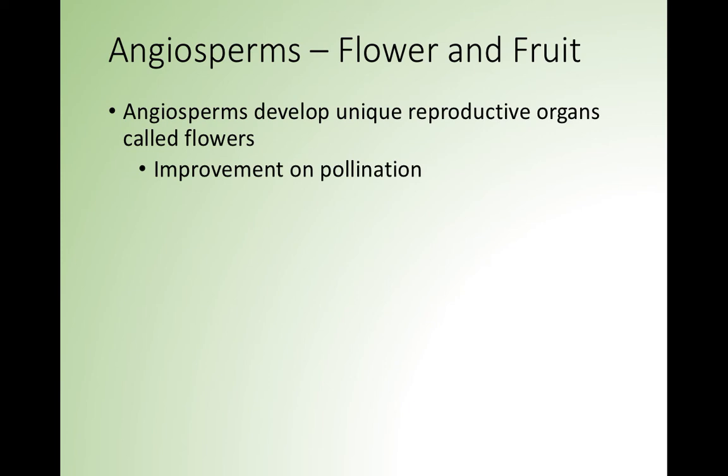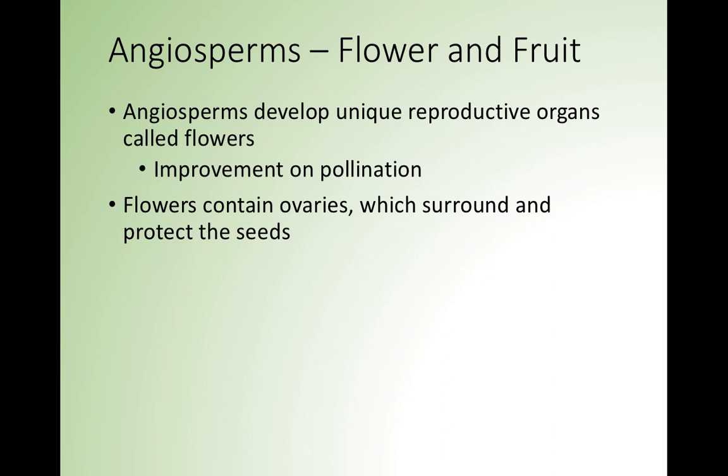And so what that ends up doing is these insects like bees and moths and little birds like hummingbirds are able to be another way of transporting pollen to the female reproductive part. So that improves on pollination. Wind is a good method, which is what conifers and gymnosperms do, but it's not the best method. This is an even better way.